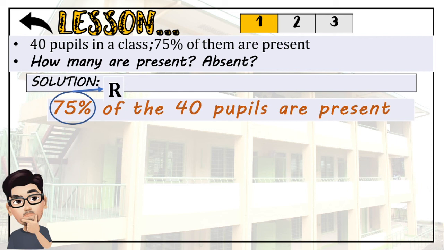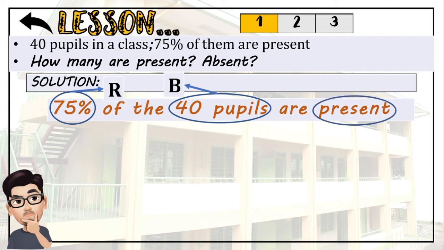Then, yung malapit dun sa word na of, which is the 40 pupils, that will be our base. Then, yung malapit dun sa is or sa are, so yun yung word na present, that will be our percentage. Okay? So, we have identified the rate, the base, and the percentage.